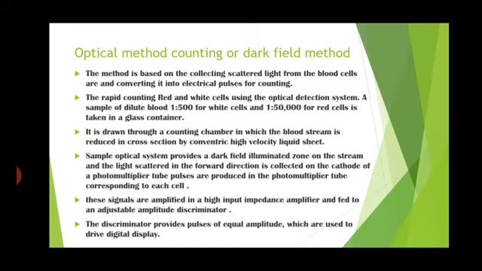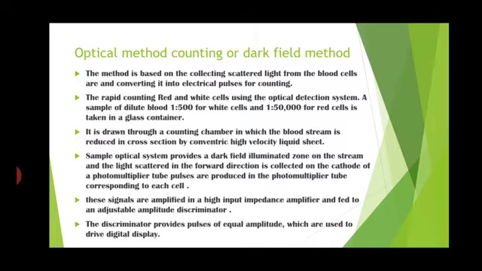The method is based on collecting scattered light from the blood cells and converting it into electrical pulses for counting. This is the basic principle used in the dark field method.